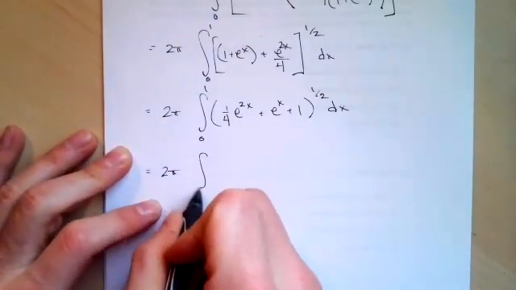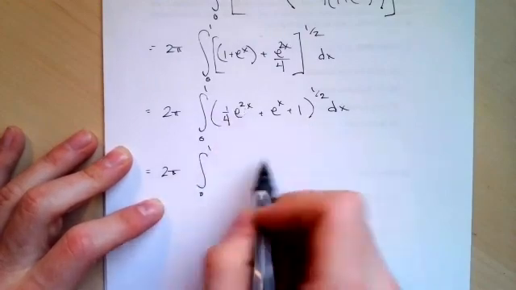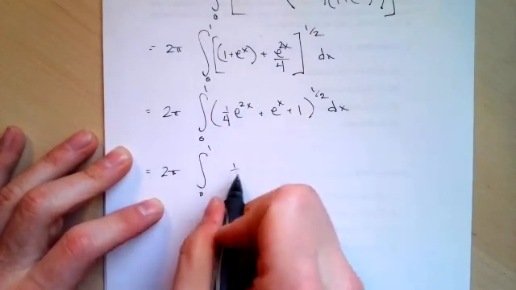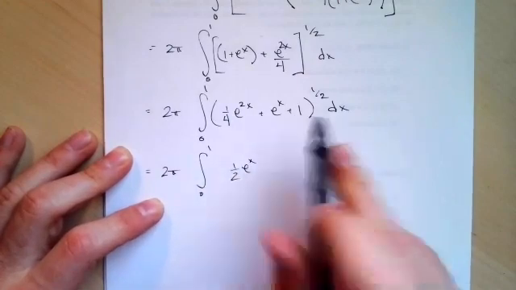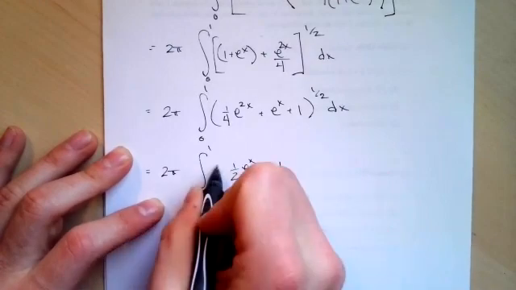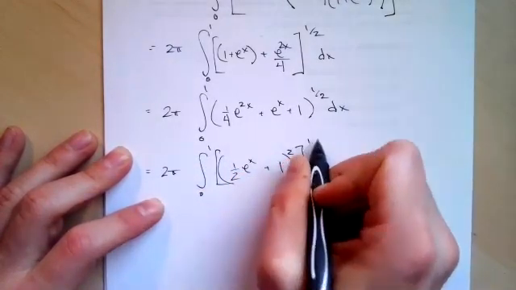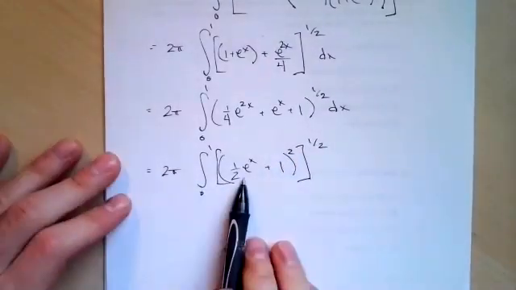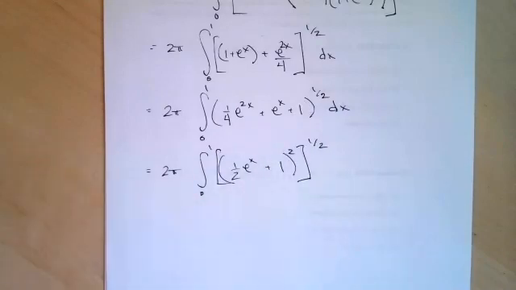So let's just write it and see how this should factor. 1/4 e to the 2x, if we consider that a perfect square, well, the square root of that's going to be 1/2 e to the x. Likewise, 1's a perfect square. And so we can kind of check ourselves. What do we want that perfect square to be? Square root of that term plus the square root of that term.